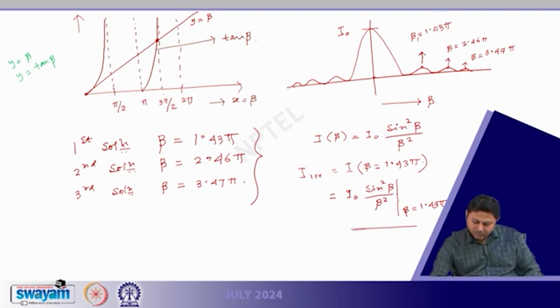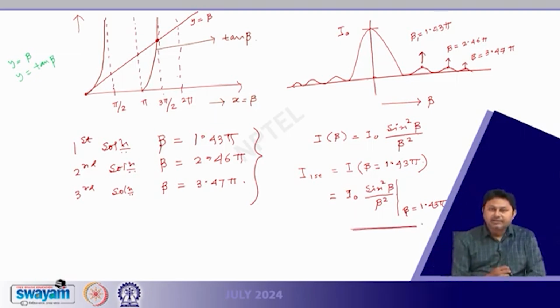So this is the amount of intensity of the first secondary maximum.